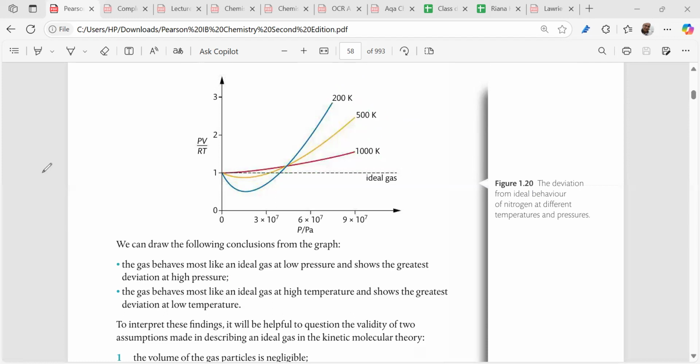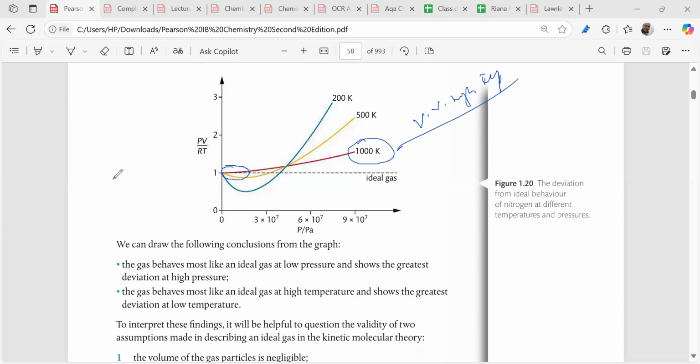We have taken the real gas, increased the temperature, and plotted PV by RT against pressure for 1 mole of the gas. At a very high temperature, the real gases will be almost similar to the ideal gases, in this zone.